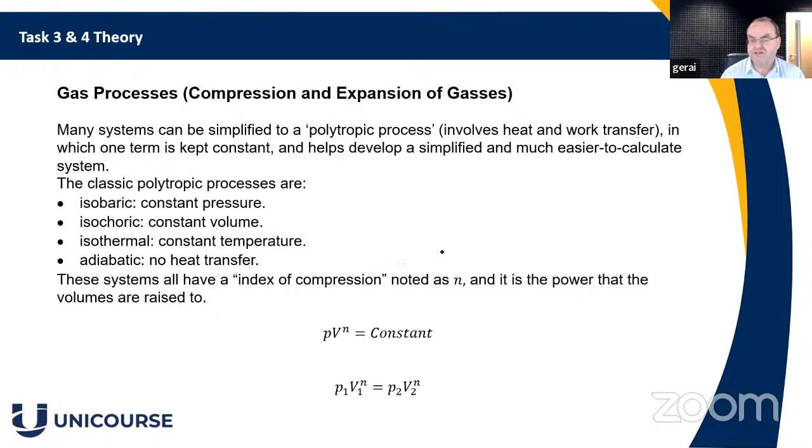So rather than writing P1 V1 over T1 is equal to a constant, we can simply write pressure times the volume to some index of compression n is equal to a constant.